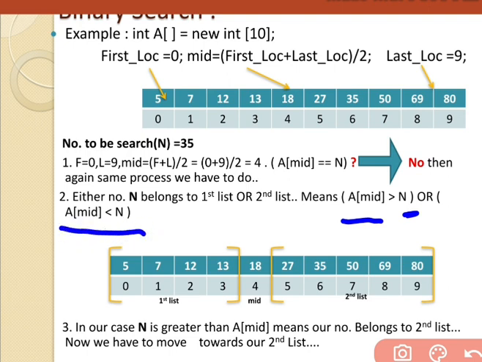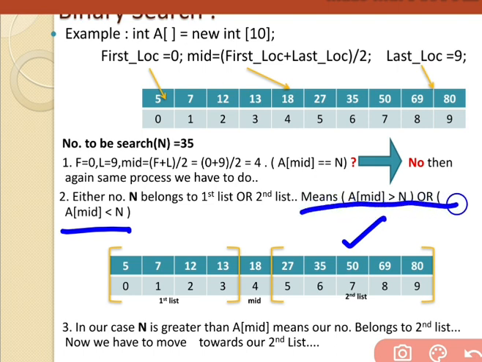If the number is smaller than the mid location, it exists in the first list. And if the number is greater than the mid, then it exists in the second list. We have to check it first.